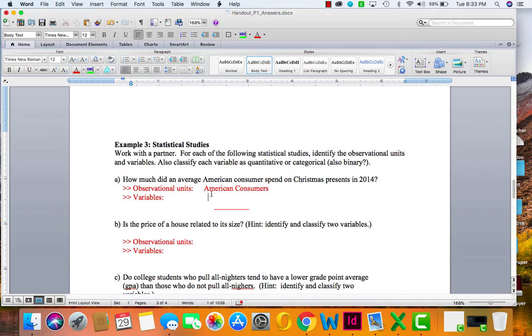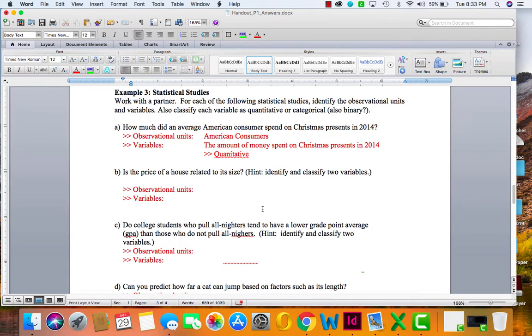And our variable, what is the variable? Notice the question again, how much did an average American consumer spend on Christmas presents in 2014? So the variable will then be the amount of money spent on Christmas presents in 2014. And it is quantitative because it's the amount of money spent. So that is a measurable amount.